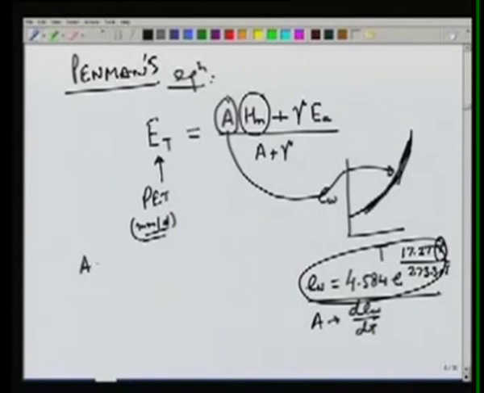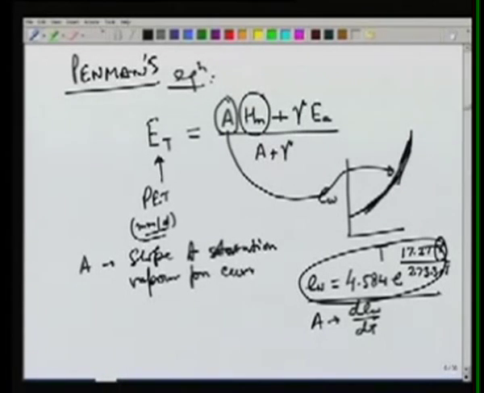So I will write it here. A is the slope of saturation vapor pressure curve. The units of course will be typically millimeter of mercury per degree centigrade.